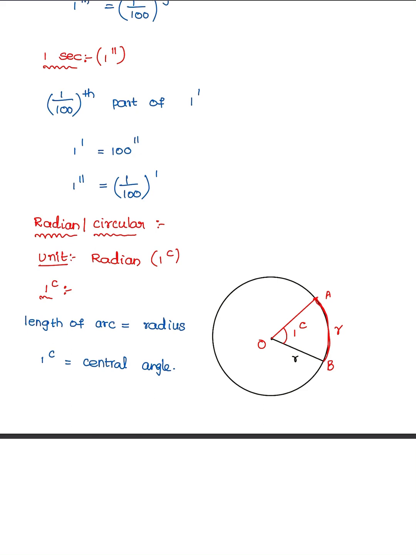So these are the 3 measurements of an angle. And now one more important point related to this concept, that is the relation between all these 3 measurements. Under one note point I am giving this. That is D by 90 is equal to G by 100 is equal to C upon pi by 2.